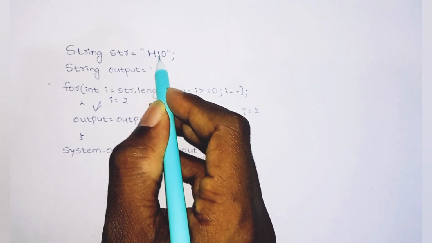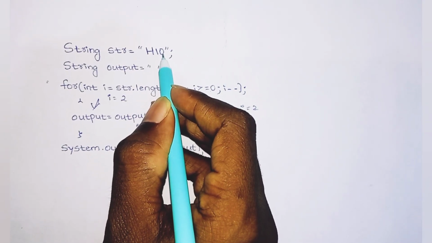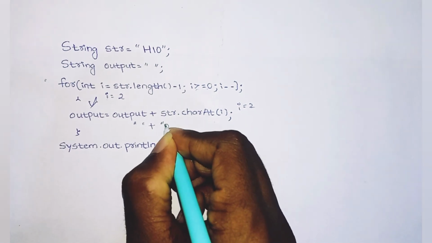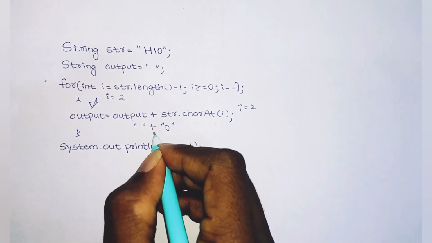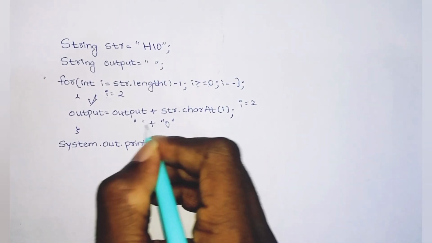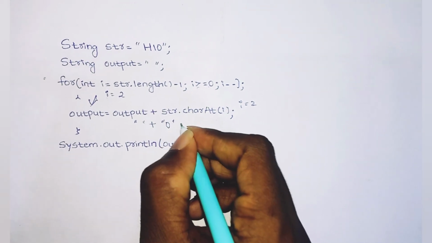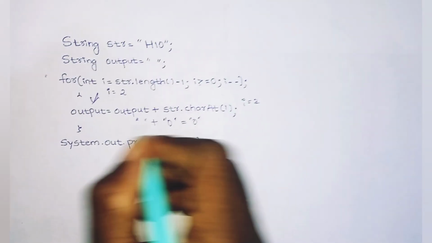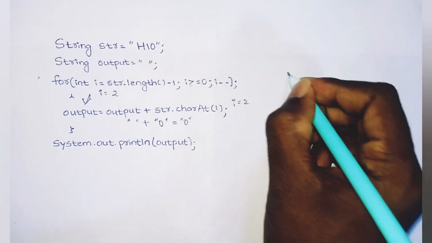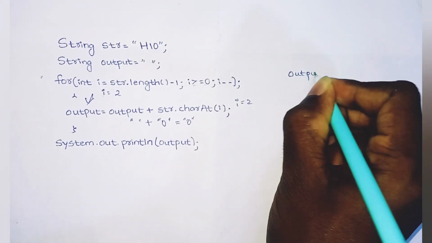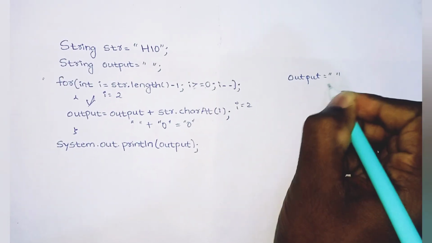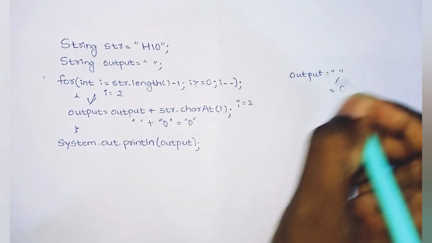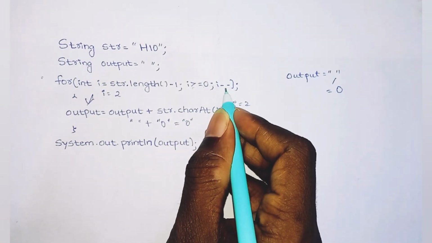So we have O. When we perform plus between two strings, it concatenates, that is, it combines, so it becomes O. And O will be stored into output. Initially output is an empty string, now it gets updated to O.